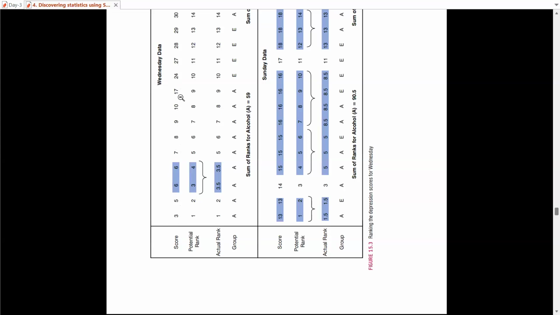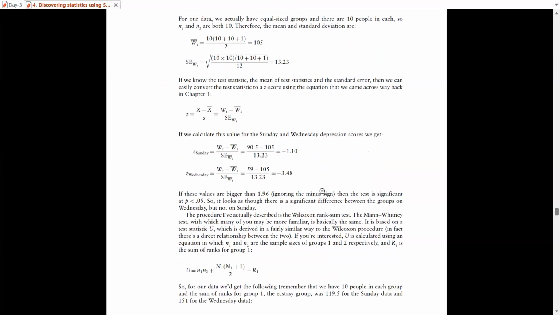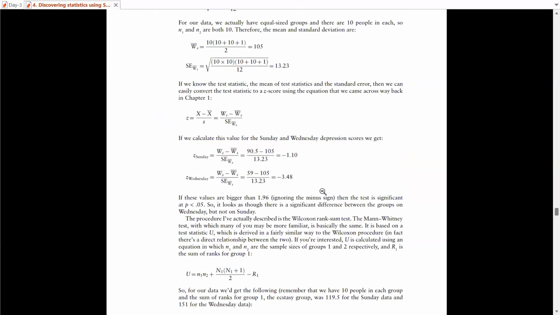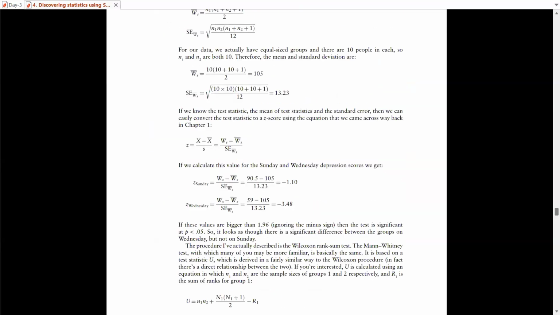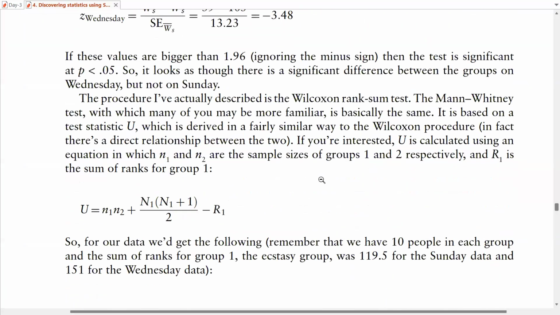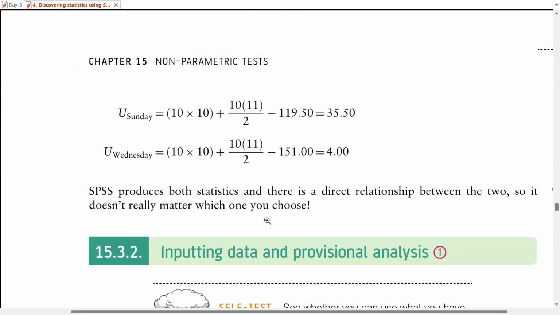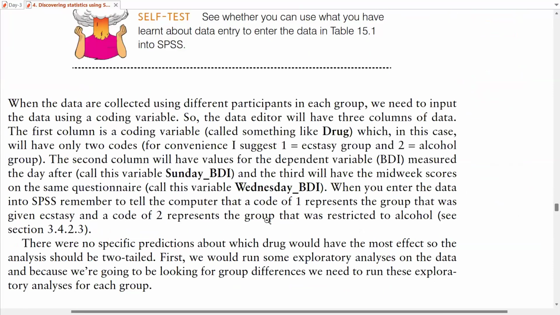The lowest score gets rank 1, and the next lowest score gets rank 2. So here we will take the mean rank instead of the mean value. This is the formula of the independent Mann-Whitney U test: U equals N1 times N2 plus N times N1 plus 1. For more detail, you can go through this book.